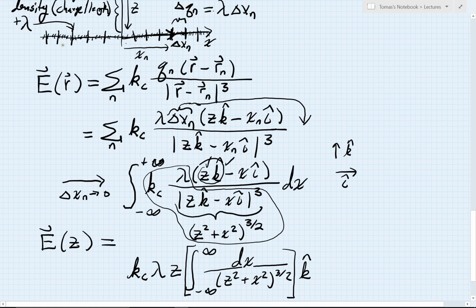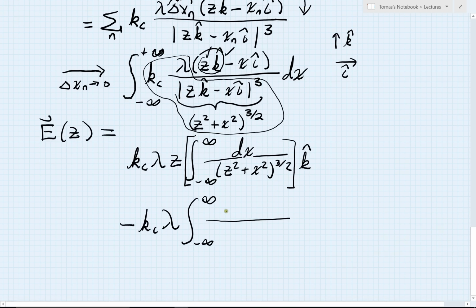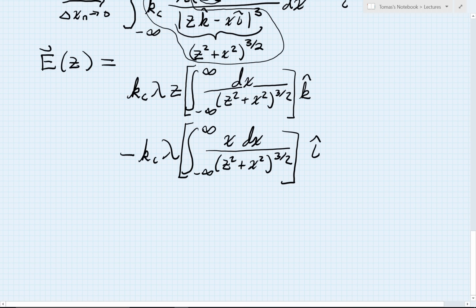So that can't come out of the integral. So I still have an x in here. I hat I'm going to write here at the end. I'll factor that out. It's just a constant. And then what's left is dx. And then I have my denominator, which is z squared plus x squared to the 3/2 power. And that gives me that integral. Well, we're getting there. Now, there's something very interesting about these integrals. One of them should be 0.